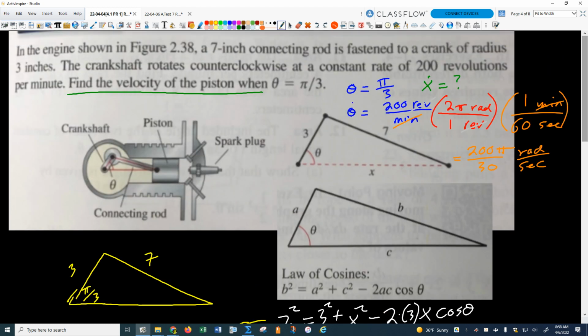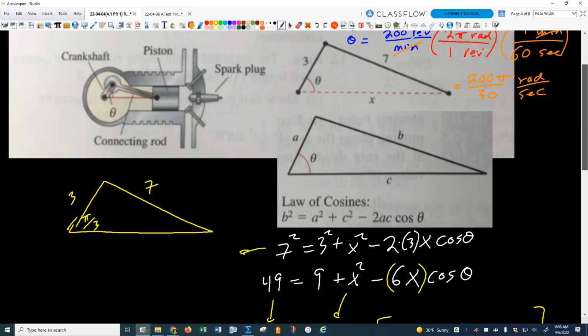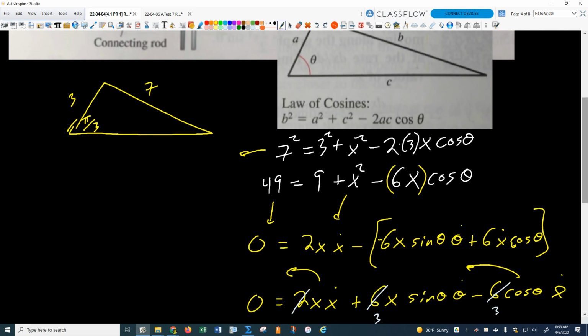Is there not a better way to do that? Boy, that seems pretty tough. Yikes. Okay. So then if we solve this thing for x, what are we going to get?